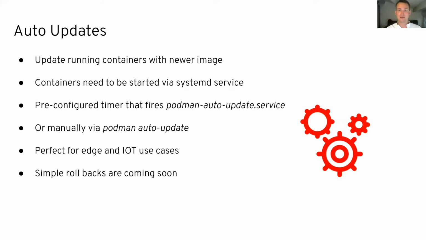Podman auto update is great because you configure this thing, systemd is running, it triggers everything. There's a service and a timer that is pre-installed that you can configure by default. I think it runs at 10 a.m. in the morning. You just have to choose a random time, and you can configure everything. Future plans are to implement simple rollbacks, and they're coming soon.